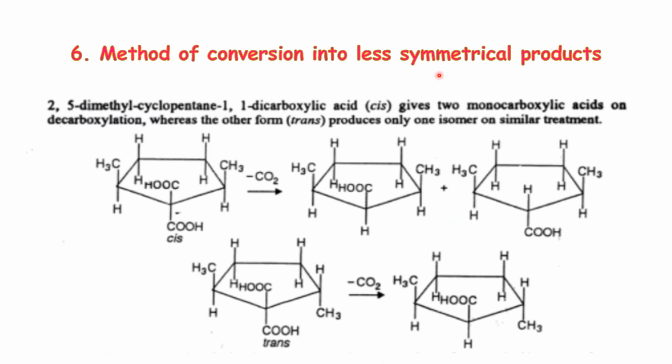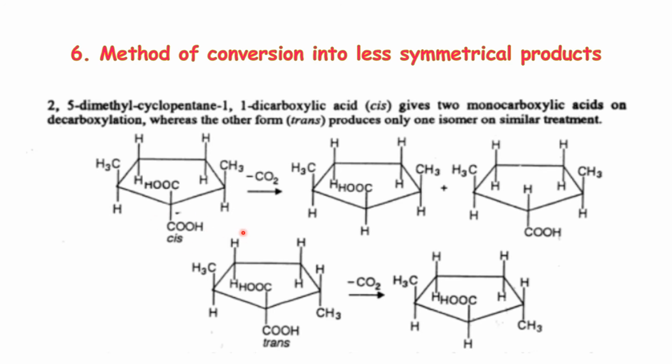Next method is method of conversion into less symmetrical products. So here we can react two isomers differently to form a different set of products. Like here, cis isomer, which is allowed to undergo decarboxylation to remove one of the carboxylic group.